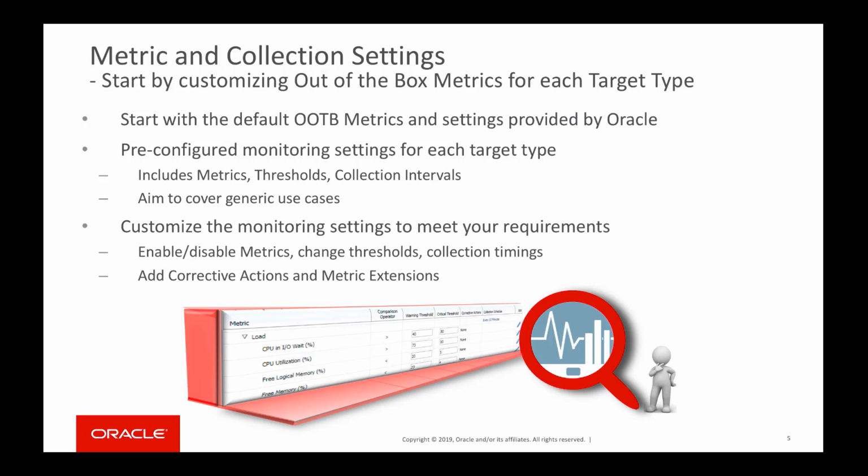So what you can do is customize these settings to best meet your requirements and standards, such as enabling or disabling metrics, changing thresholds, or adding metric extensions or corrective actions based on what you need. And once you customize your metric settings, you can save them in a monitoring template and apply it to other targets with the same target type. But what is a monitoring template? That is what I'm going to talk about in the next slide.